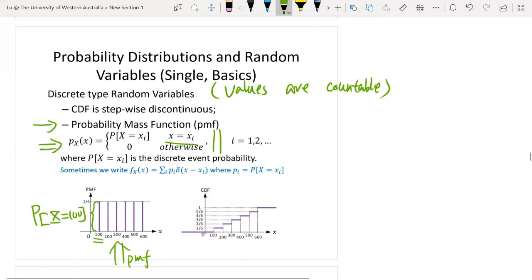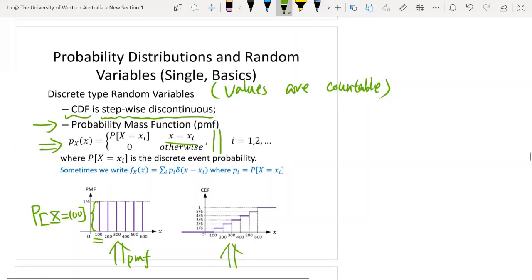Correspondingly, the CDF, the cumulative distribution function for such a discrete type random variable, must be stepwise discontinuous. This means when we try to plot or sketch the CDF function curve for a discrete type random variable, the style of the curve will not be the same as that of the continuous random variable.